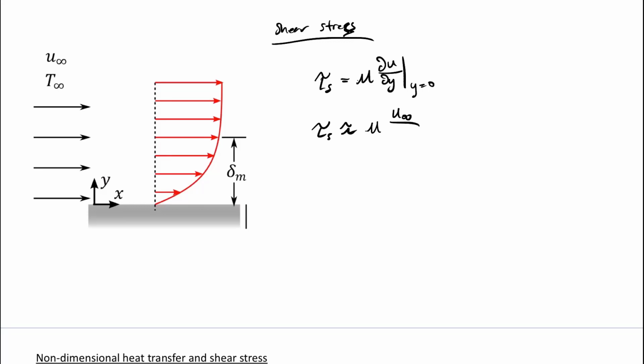I think I heard boundary layer thickness. Yeah, delta m. So there's our approximate model of the shear stress. Again, if I draw this, it's assuming a linear profile here, which is not quite right and will underestimate your shear stress, but as an approximate model, it's pretty good.